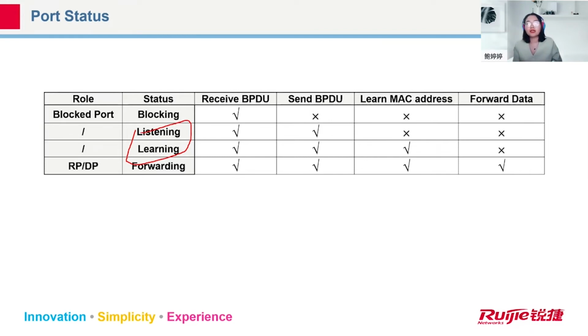We will not forward the traffic until the interface becomes forwarding. So this is the biggest problem of STP. If one interface becomes a DP or an RP, you have to wait at least 30 seconds before you can forward the traffic out. This is a very long time for the customer. So this is the port state.